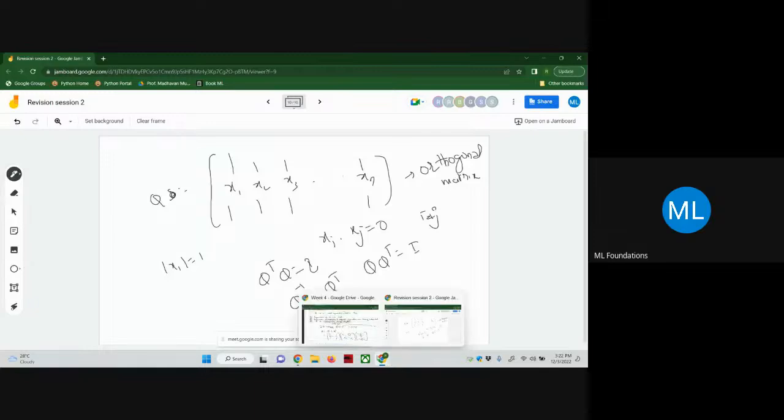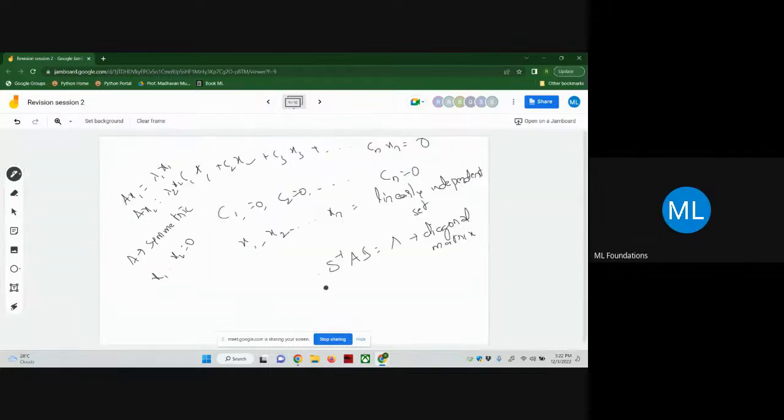Generally S inverse AS is equal to lambda, but for the case of a symmetric matrix, S inverse is going to be equal to S transpose. That's the reason why we write Q transpose AQ is equal to lambda. So it is going to be orthogonally diagonalizable.